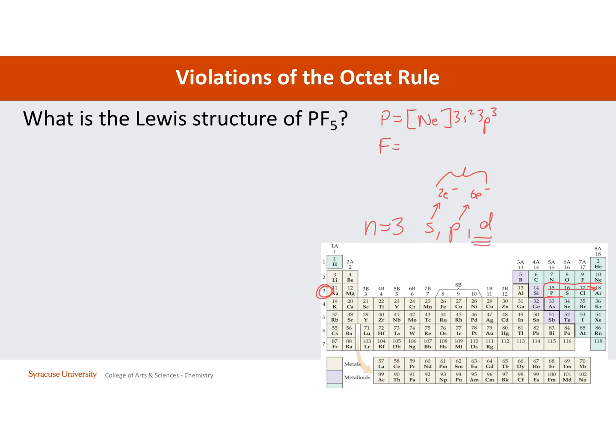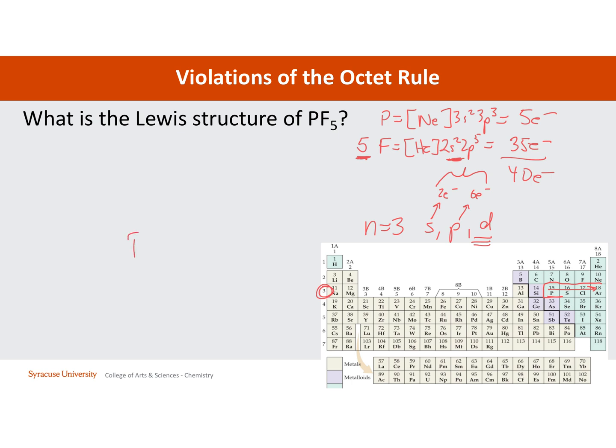And I've got 5 fluorines, and fluorine is helium 2s2, 2p5. So I have 5 electrons from phosphorus. I have 7 times 5 electrons from fluorine, 5 fluorines, 7 electrons each, for a total of 35 electrons from fluorine. I have to assign 40 electrons.